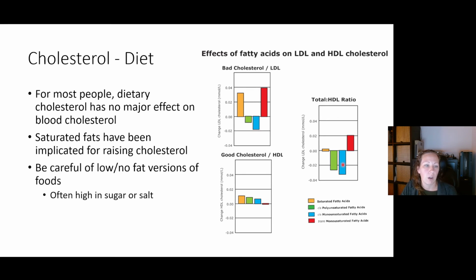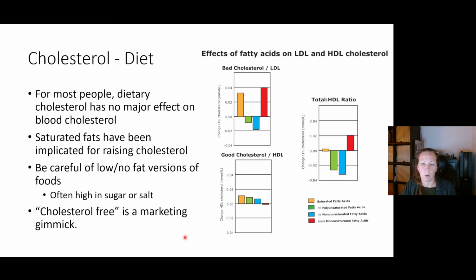Okay, so be careful of low or no fat versions of food if you're trying to watch this stuff, because often those foods are high in sugar or salt, which can be bad all on its own. And finally, cholesterol free, if you see it anywhere, that is a marketing gimmick.